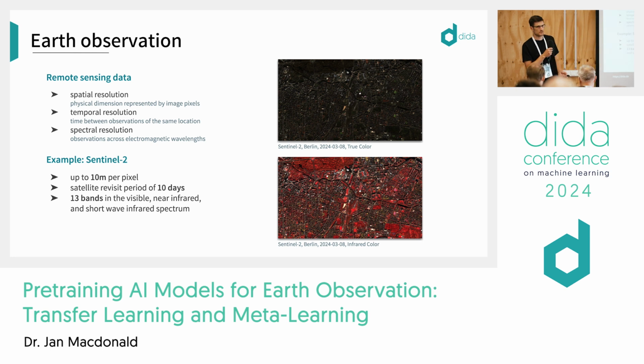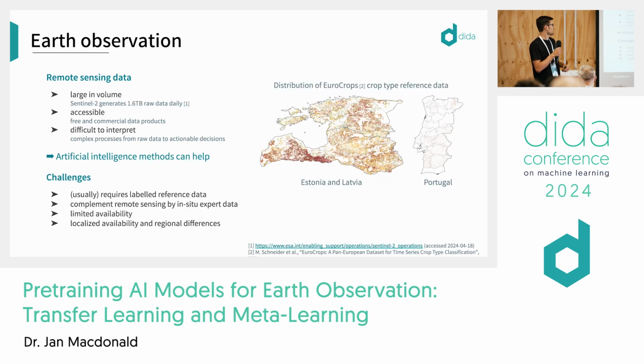Generally, remote sensing data, and in particular satellite data, is quite large in volume. This Sentinel-2 program creates roughly 1.6 terabytes of raw data every single day. It's also rather well accessible. There are a lot of data products, free ones and commercial ones.